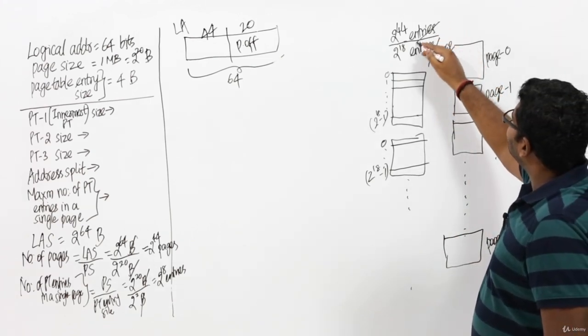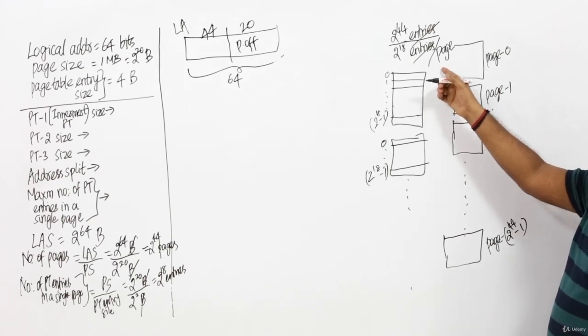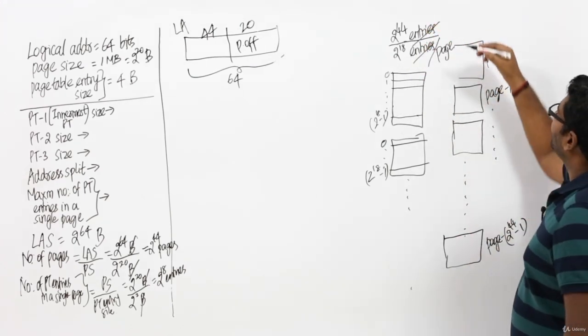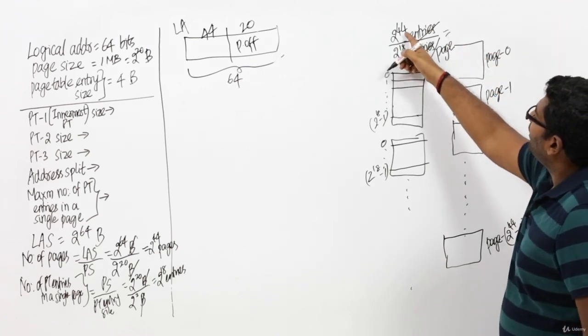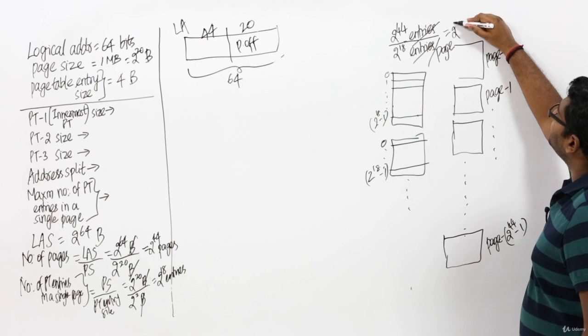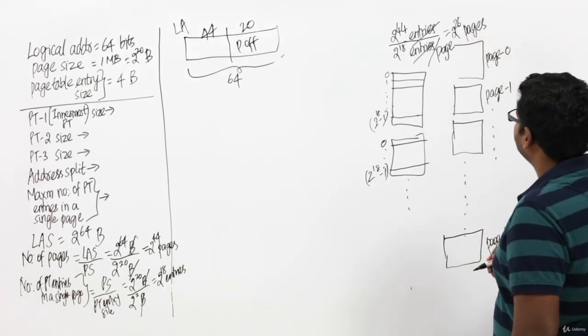Now, entries and entries will get cancelled. This by pages, in case I take it to the numerator, it will become pages, right? So the answer for this is 2 power 44 divided by 2 power 18, which is nothing but 2 power 26 pages. What does it mean?